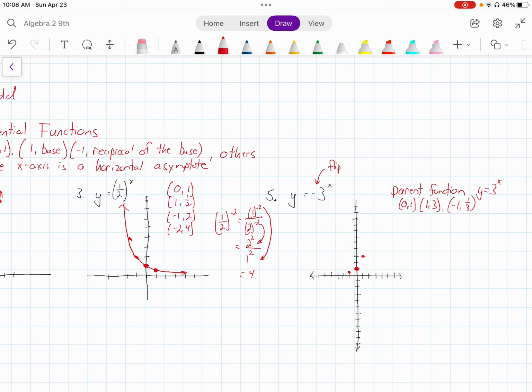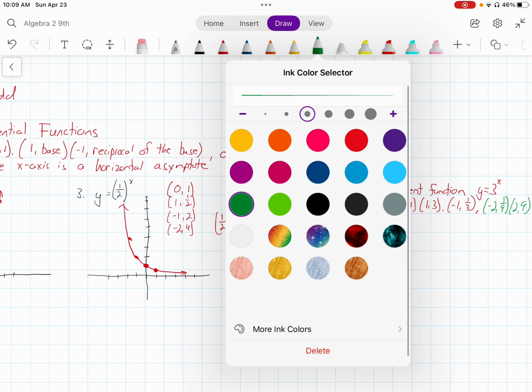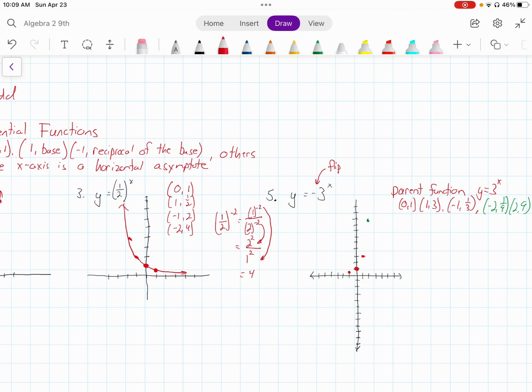And we could get a couple other points in there. So this is just another helpful point, negative 2, 1/9. Sorry, that's not the one I was referring to. I wanted to put 2, comma 9. So 2, 9 would be about there. And so then we can draw that graph.